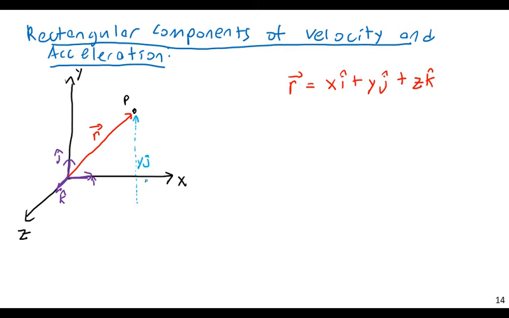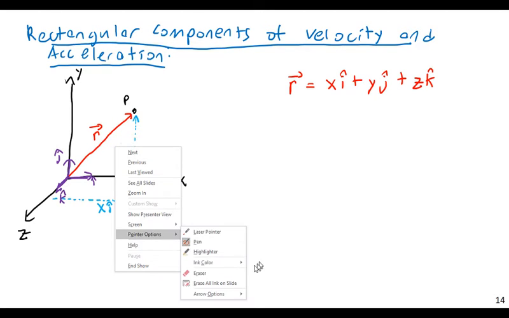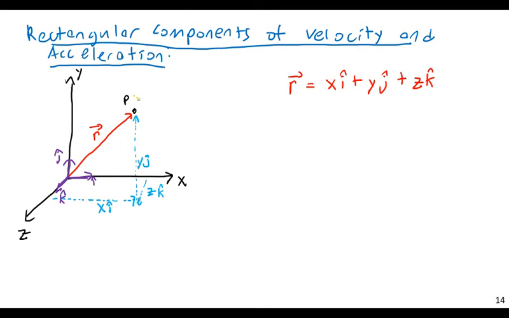This vector here would be zk, and this one here would be xi. Then I could write out the velocity vector, and it would be something similar. I would have a velocity vector here, and it would have components.